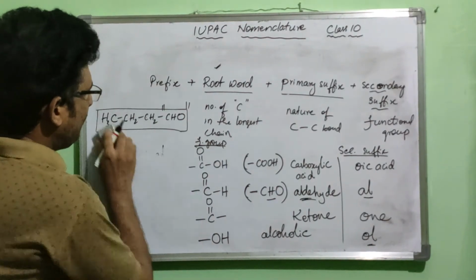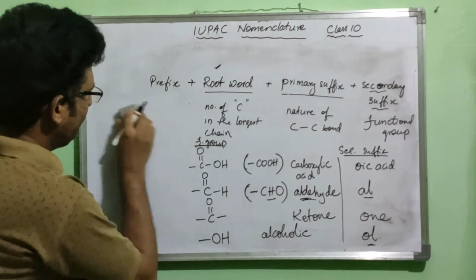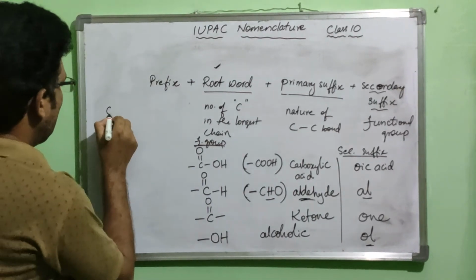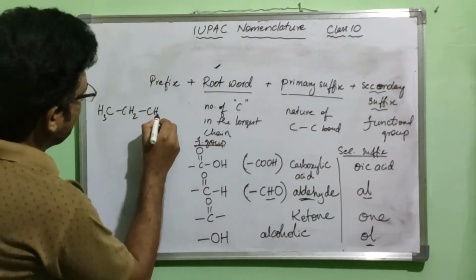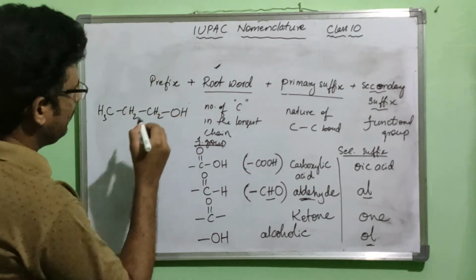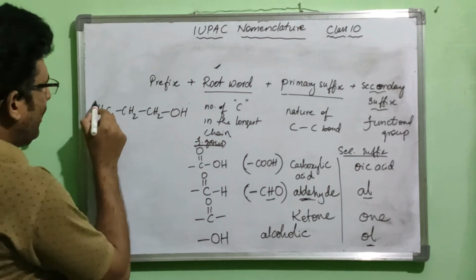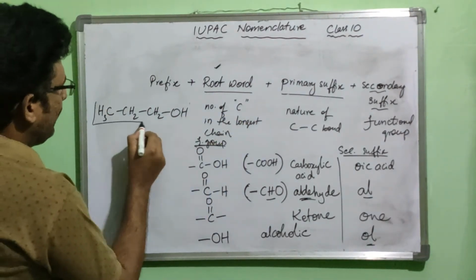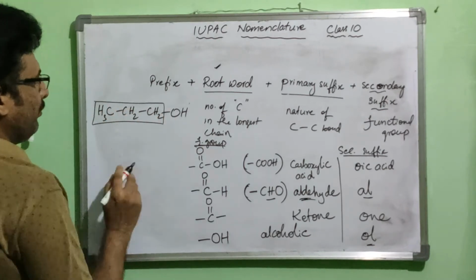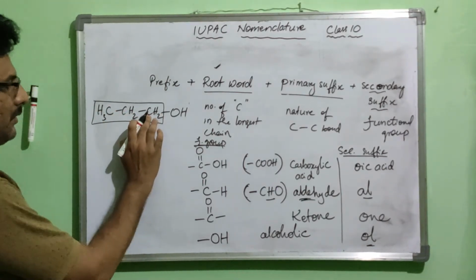Let's see another example. CH3, CH2, CH2, OH. So now, even now we have a single straight chain. Okay, so you will take this as the main chain because you have carbons up to here.